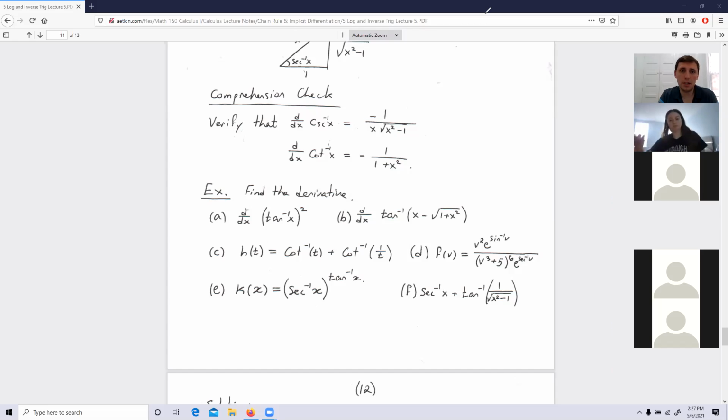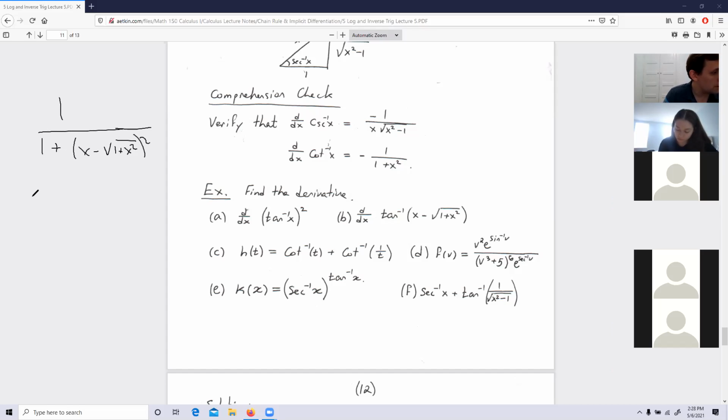All right, so what's the answer for this derivative? This is simply for b. The answer is 1 over 1 plus x minus root 1 plus x squared, multiplied by the derivative of the inner function, which is 1 minus x over root 1 plus x squared. Yes?